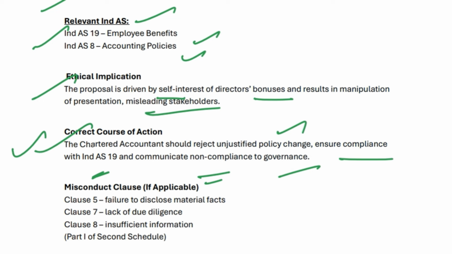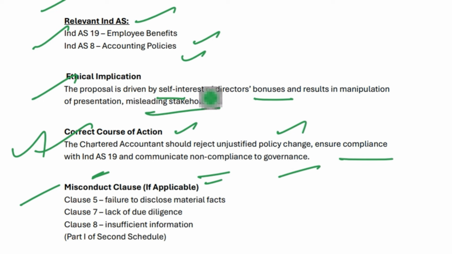So here the course of action, mostly it would be like one point you can write in all the questions is compliance with the standards. Okay, compliance with Ind AS 19 or Ind AS accordingly, Ind AS 115. So that one you can write, and then you have to communicate to those charged with governance or communicate with the directors. Accordingly, on the basis of the question, you can take the course of action, right?